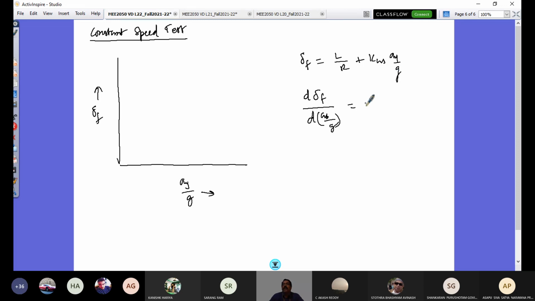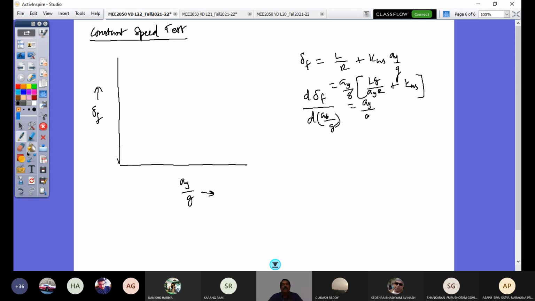I'm going to take out AY by G, and bring this effect also into the AY by G. If I take it out, this is going to be LG by AY into R, plus KUS, right?